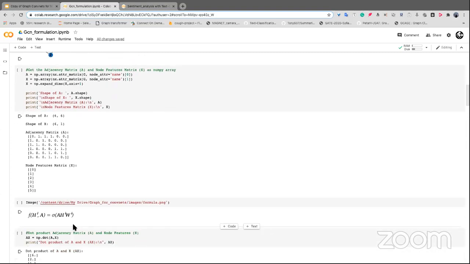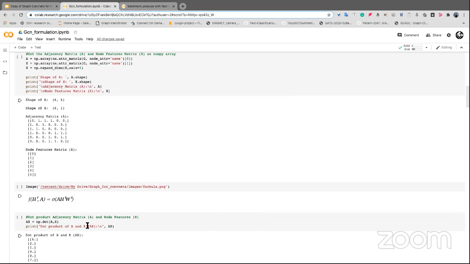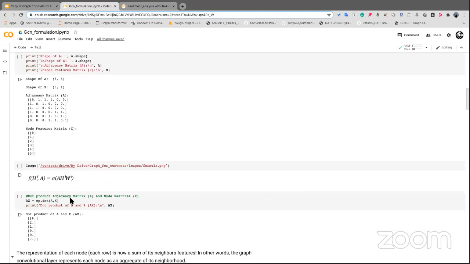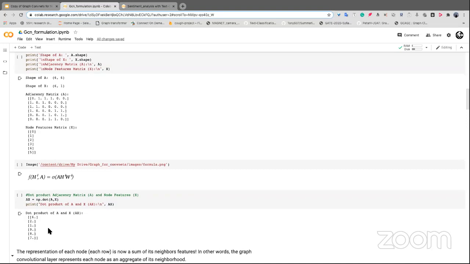As the formula says, we have to multiply, and after multiplying we get this output. But what is this output representing? If you look closely, this is the output of the first node, which is the sum of all the information from the neighborhood nodes.